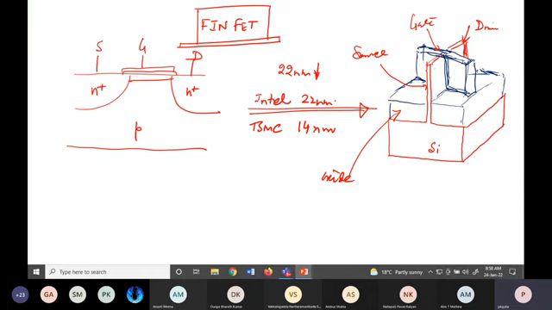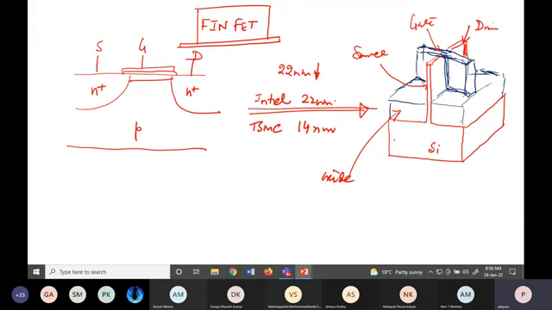Now, before discussing more about FinFET, let's understand the motivation. Why do we need this kind of 3D device? Because it's more complicated. We'll briefly discuss the fabrication steps of the FinFET structure, and it's a very complicated device to fabricate compared to planar FET. So why do we need such a complicated device?